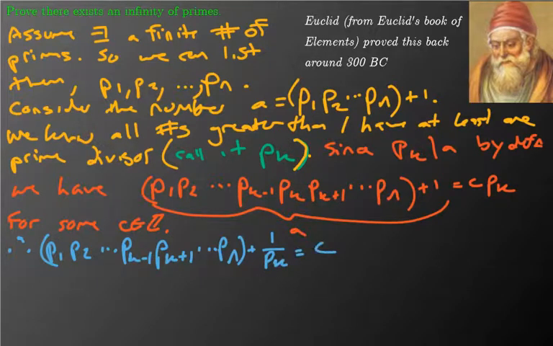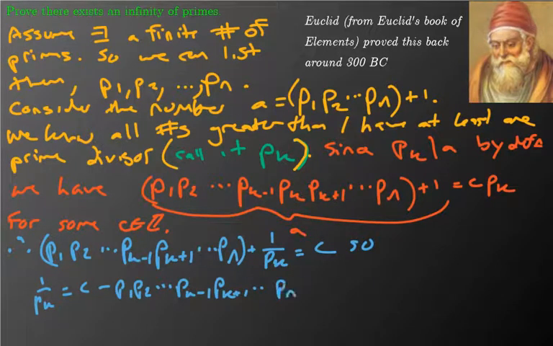Okay. So we could rearrange the thing. So we want 1 over p sub k to equal c minus P1, P2, ... pk minus 1, pk plus 1, ... pn. So that's what 1 over pk equals.